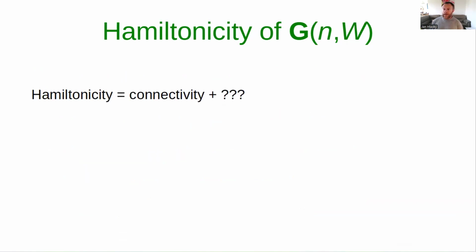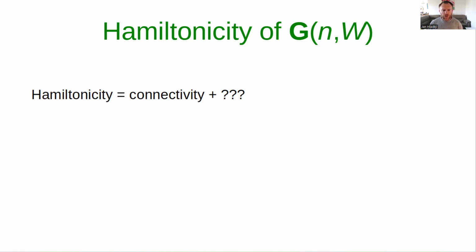Now let's look at the other half of results I promised, and this is indeed what I did with Frederik and Simón in this new preprint. That is, having fully characterized connectivity, we want to look at Hamiltonicity. In the Erdős-Rényi model, the thresholds for connectivity and Hamiltonicity are identical.